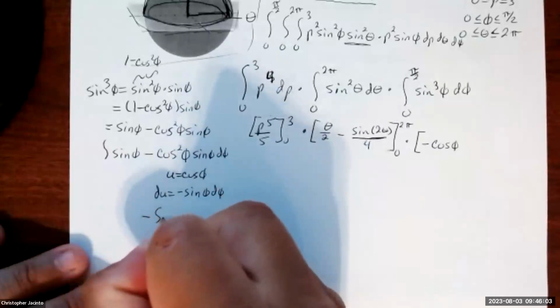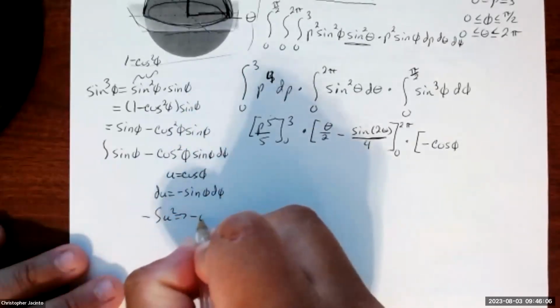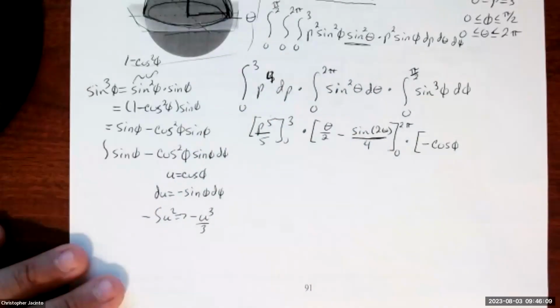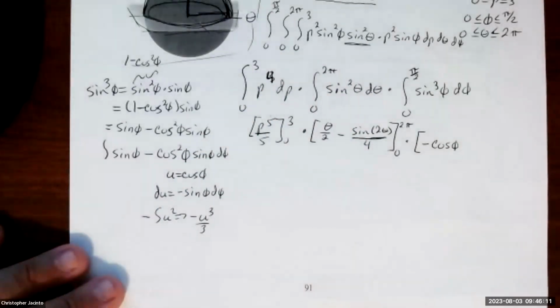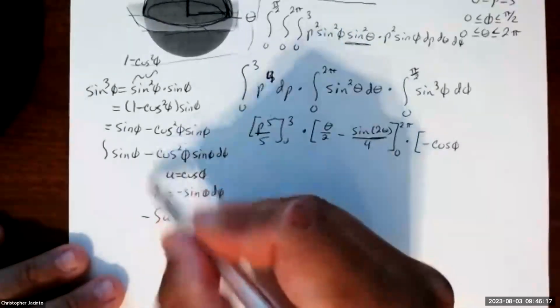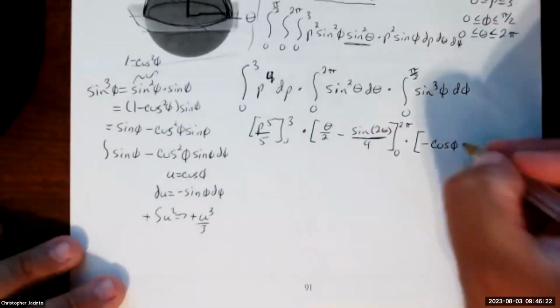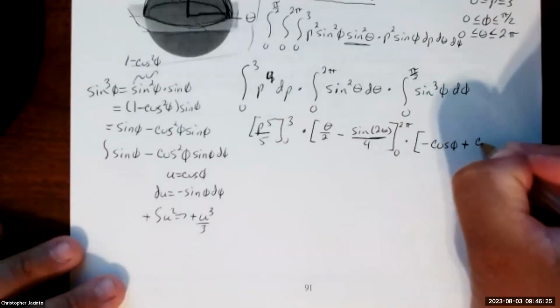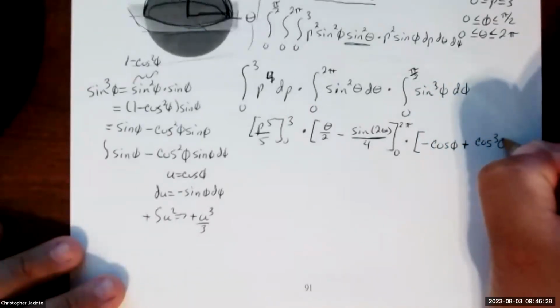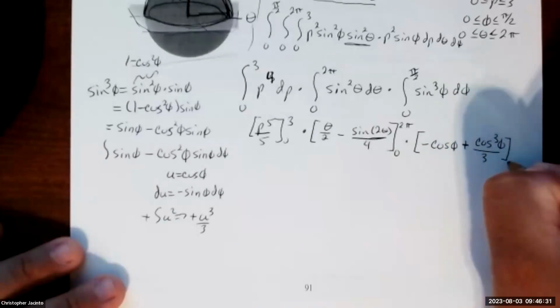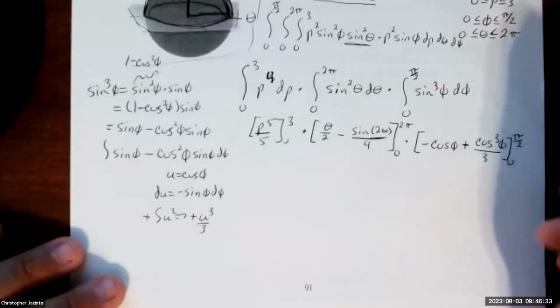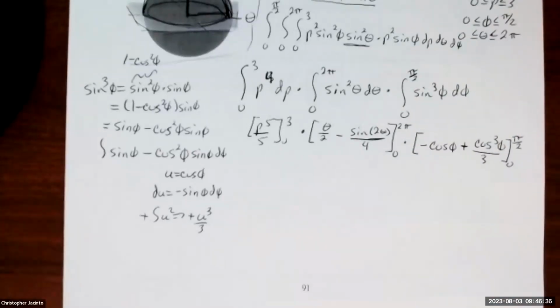So this ends up being the integral of u squared. So negative u to the third over 3. There's that minus on the outside. And then minus minus makes it positive. So we just get that. So it's going to be plus cosine to the third over 3. Evaluate 0, pi over 2. Whew, all that, huh?